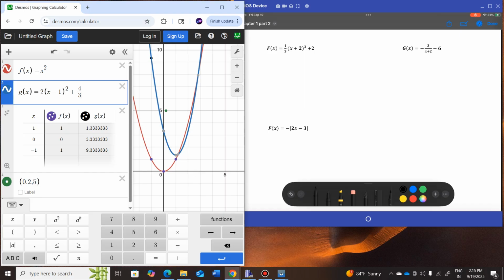Okay, next one, it's horizontal shift to left, vertical shift of 2 up, and then multiplying by 1/3 on here, so it's vertical shrink by a factor of 3.